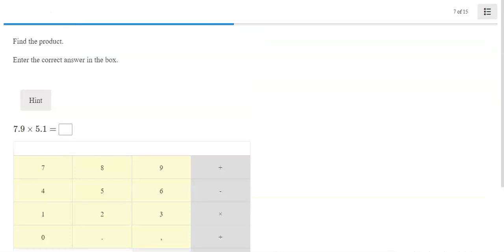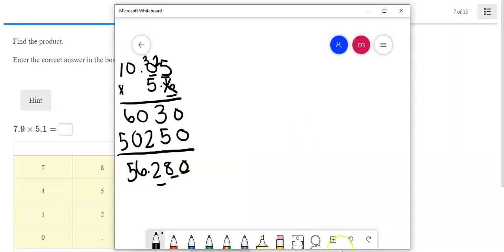Number 7, 7.9 times 5.1. 1 times 9 is 9. 1 times 7 is 7.